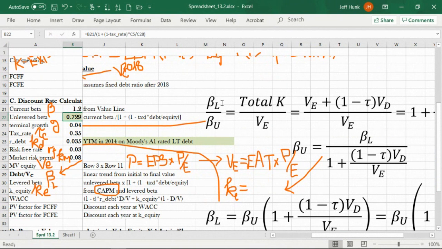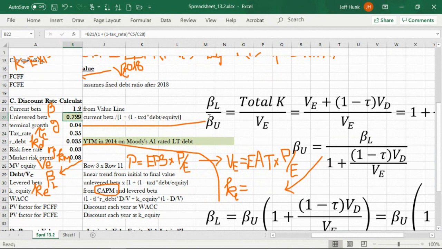The ratio between levered beta and unlevered beta should be equal to the ratio between the total capital and the value of equity. Okay, makes sense, right?